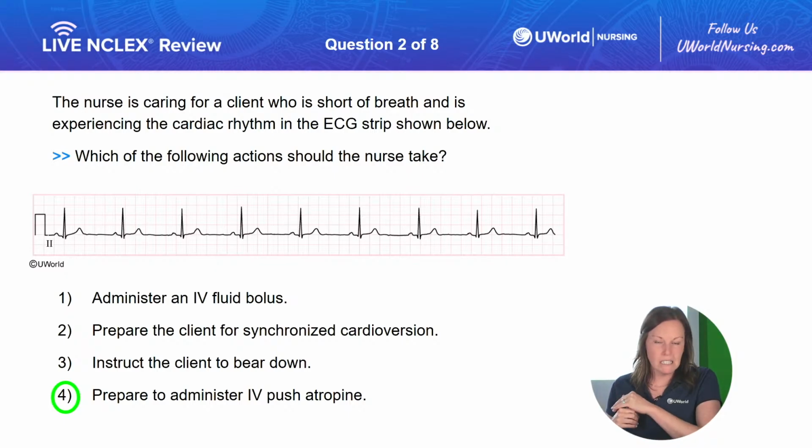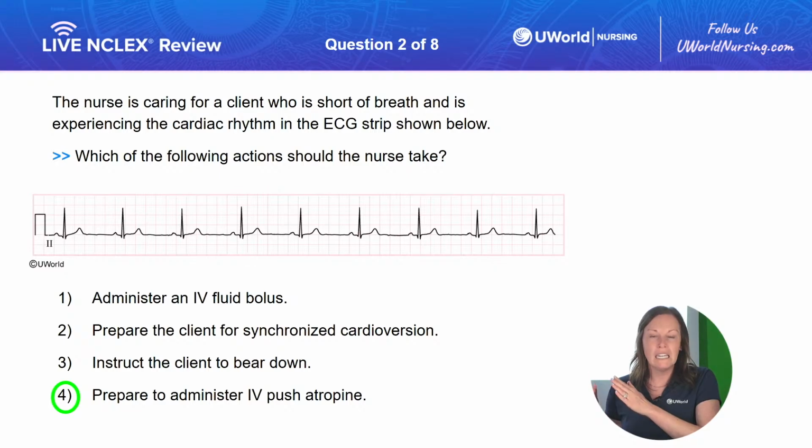So when we treat sinus bradycardia, we are going to be doing a couple of things. So first, we are going to make sure our client is symptomatic. From there, we're going to give some medications. So atropine is going to be one of those medications that we can use to treat bradycardia. One of our viewers on a previous live we did had a great way to remember it.